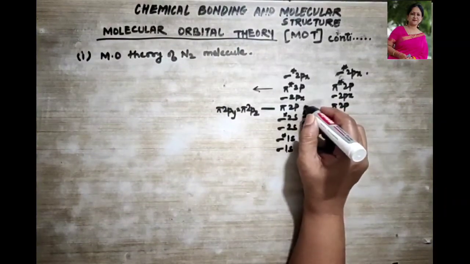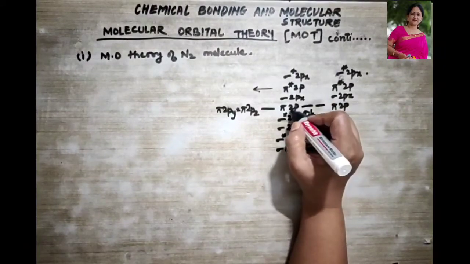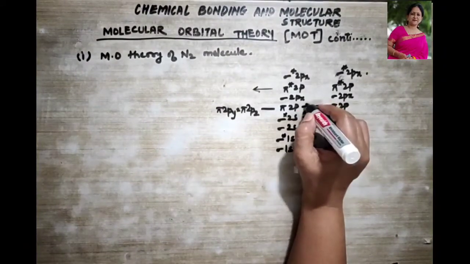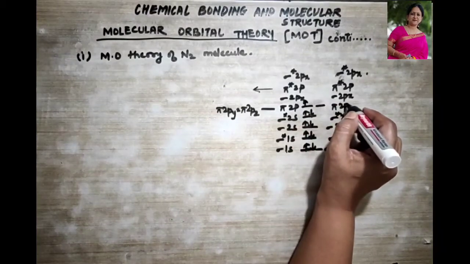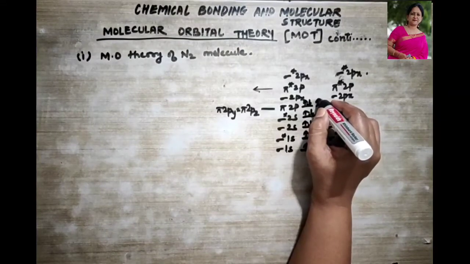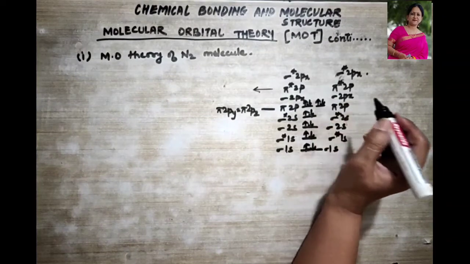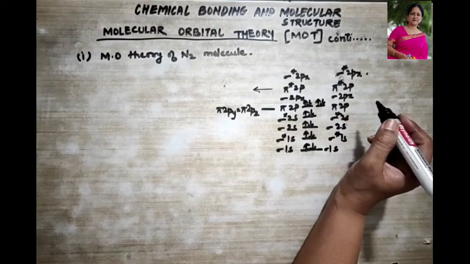Here there are two boxes, correct? Now one from 2py, opposite spin 2py. Now one electron from 2pz, anti-spin 2pz.